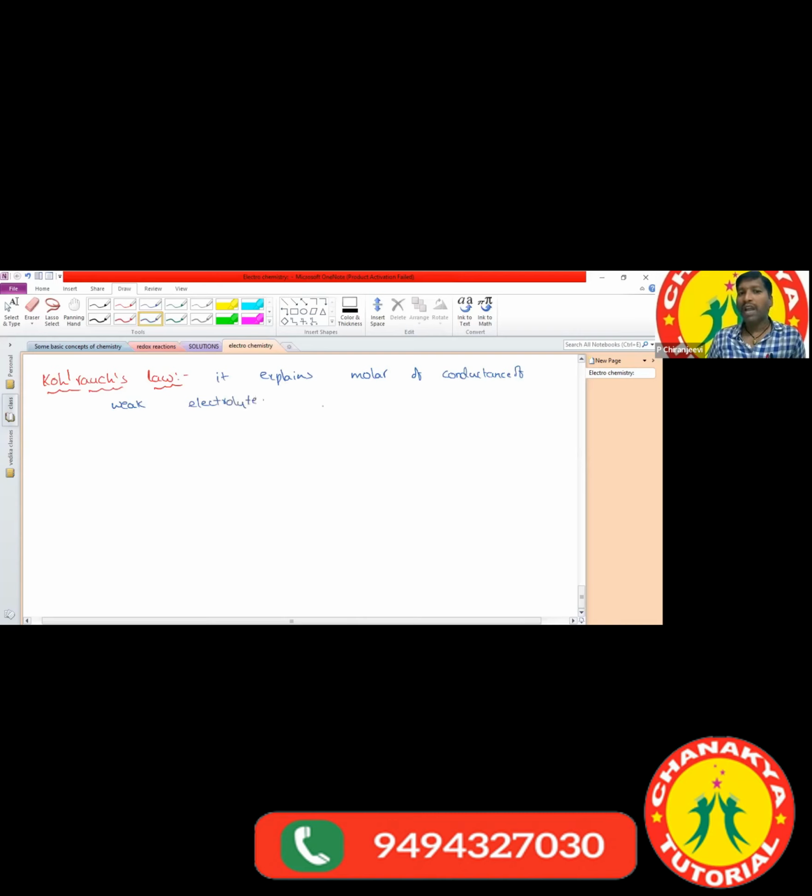How can we calculate the molar conductance of a weak electrolyte at infinite dilution?